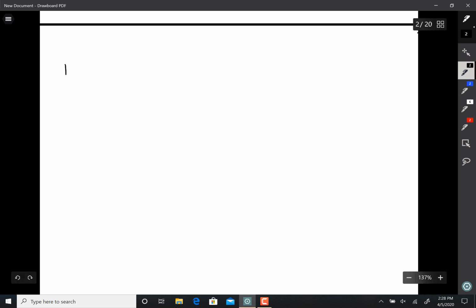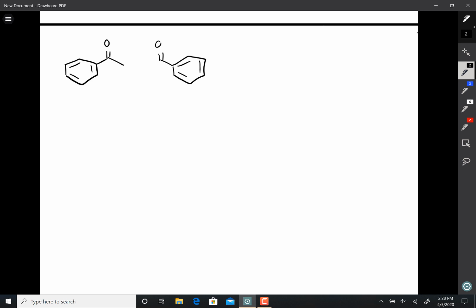Now, it is entirely possible to do these mixed aldol reactions with two different carbonyls without using LDA. In that case, you have to be very careful of which ones you choose. So this is an example of an aldol reaction that works quite well.